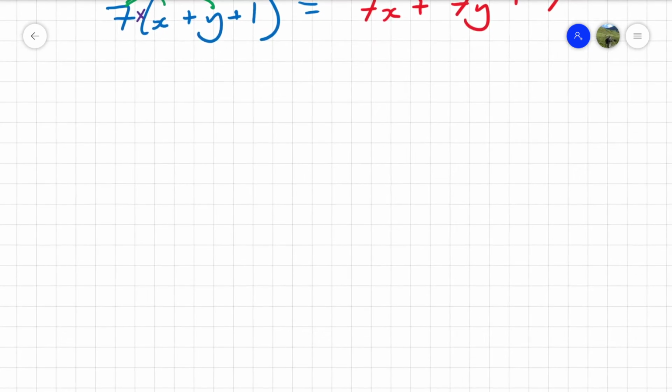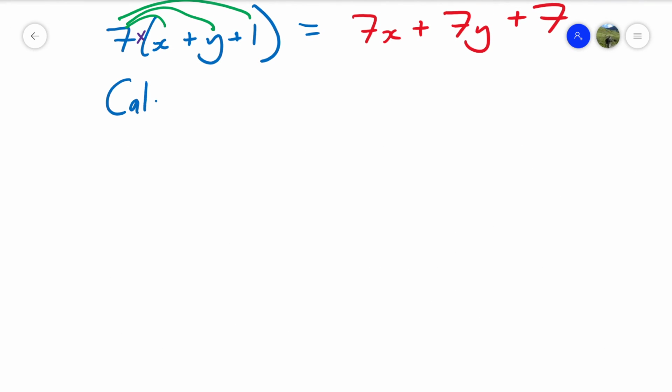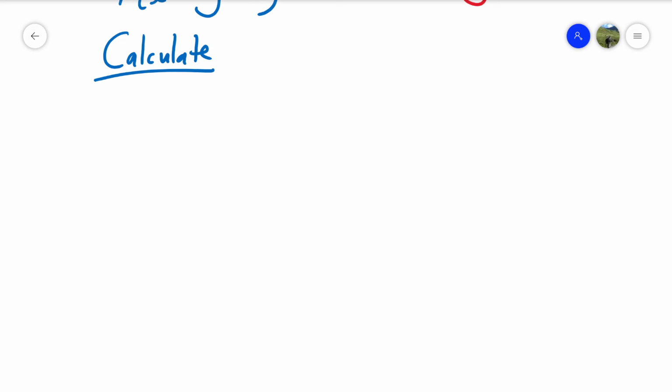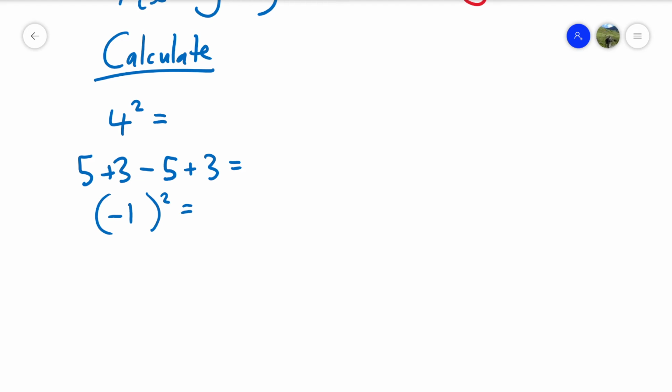Got a calculate question next. I'm going to write out some calculates. I'll let you know when I've written them all down. You can obviously get started straight away, but obviously pause it once I've written them all down. There's a variety here. Try a few different ones, see what you think.